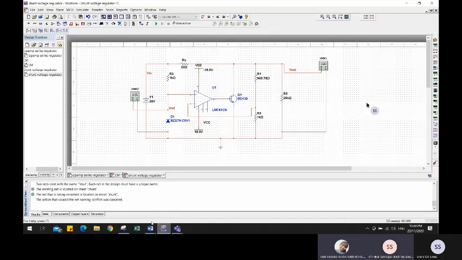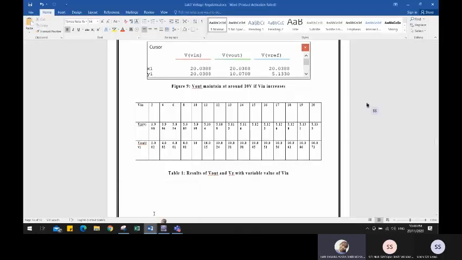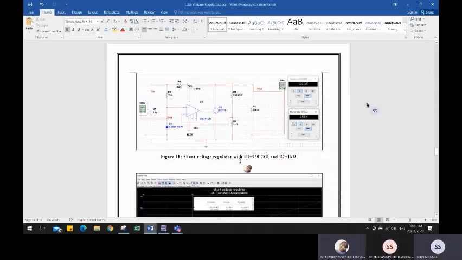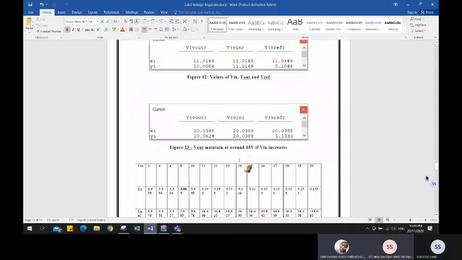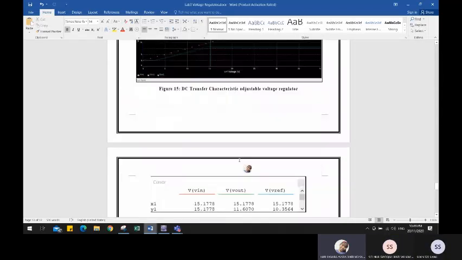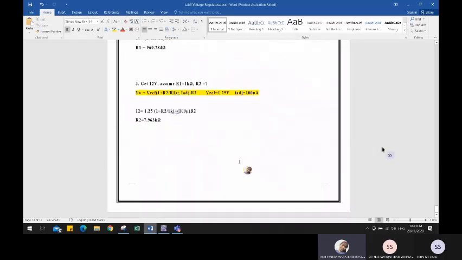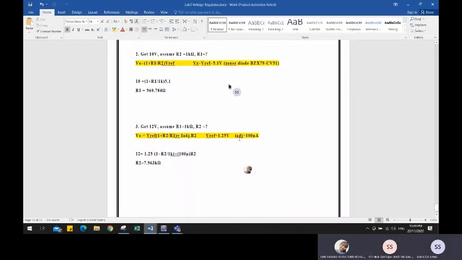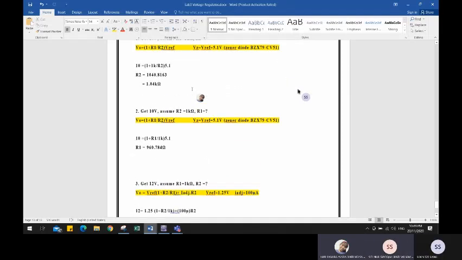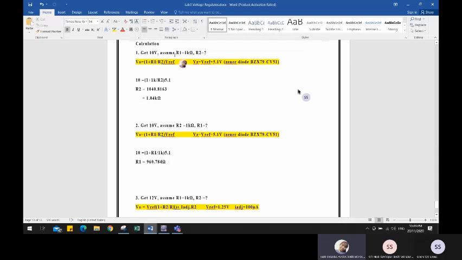Instead of assuming R1 as in the op-amp, here we assume R2 as 1K, as the calculated value is here. As Sun explained previously, where we assumed R1 as 1K to get 10 volt, for my part we assume R2.